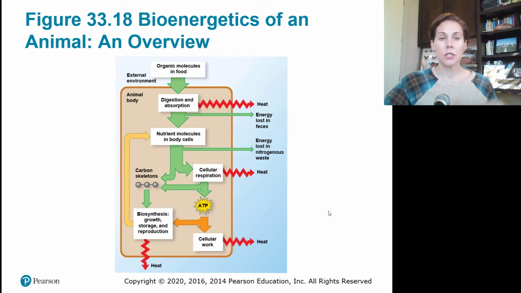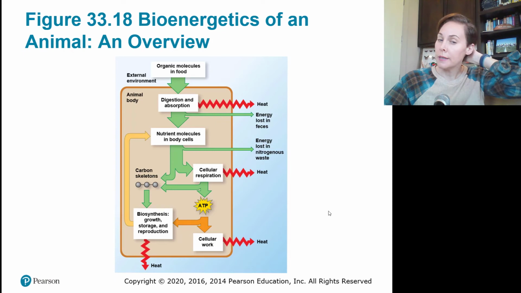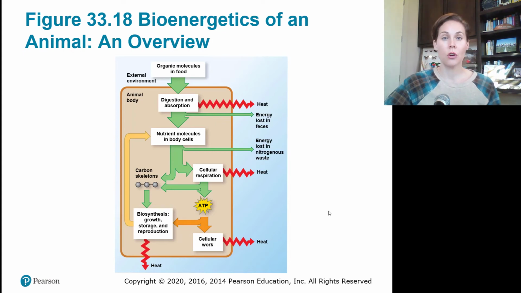And this is just a good schematic of the overview of the bioenergetics, showing with the green arrows pointing down, food coming in, food getting digested and absorbed. We give off heat. That's energy showing that we are producing energy. We give it off as heat. We lose energy in fecal material.